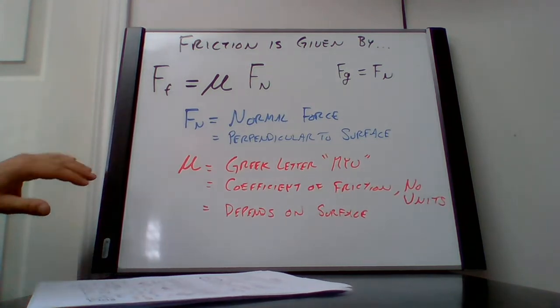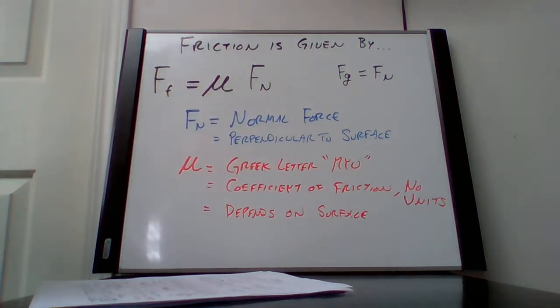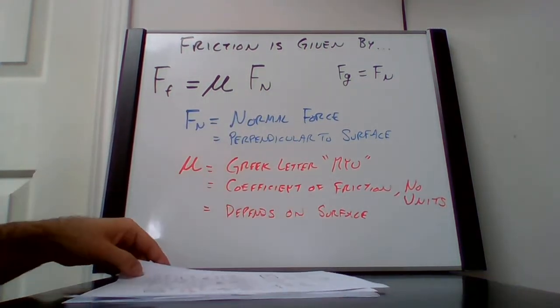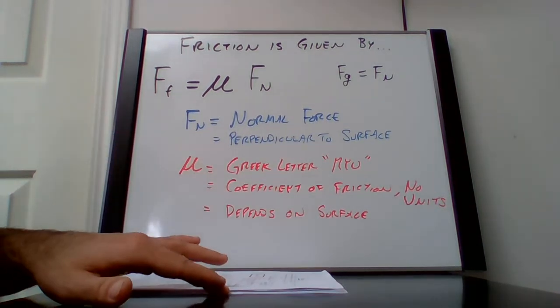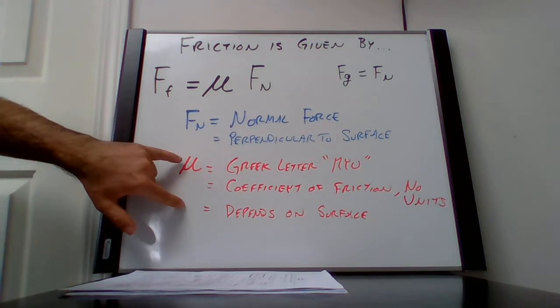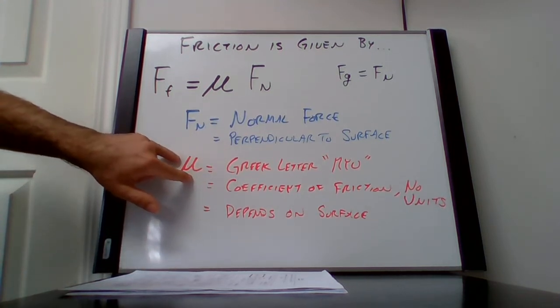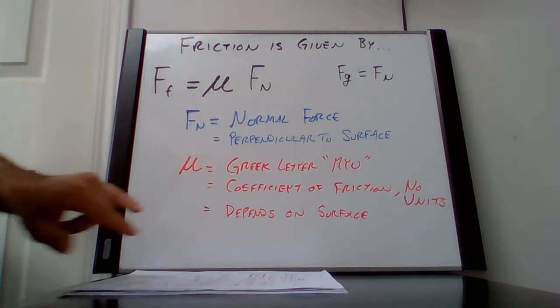But for now, our force of friction equals mu multiplied by the normal force. That normal force is perpendicular to the surface. It's the force that holds an object from falling down. And mu, the Greek letter, is the coefficient of friction, and it depends on the surface.